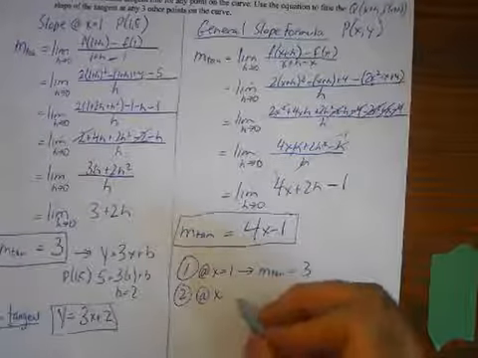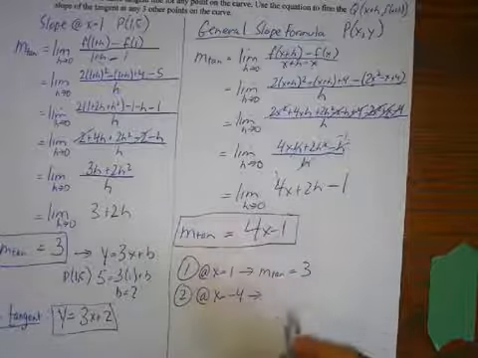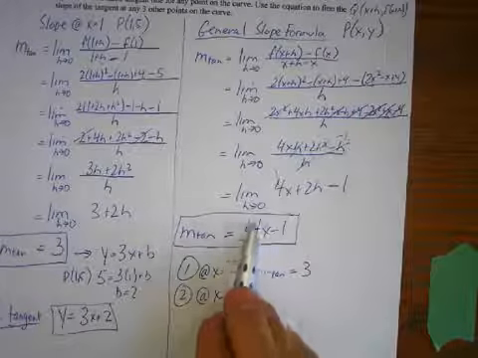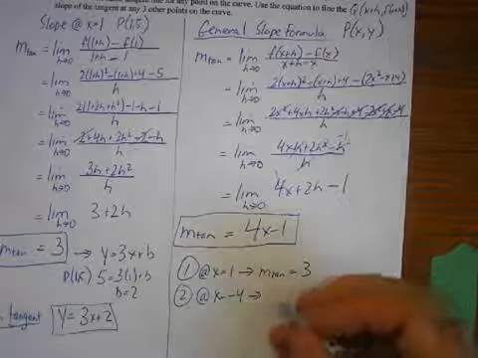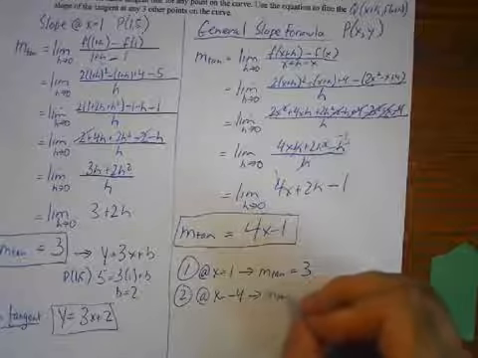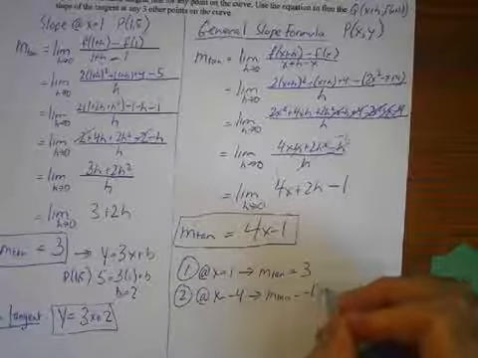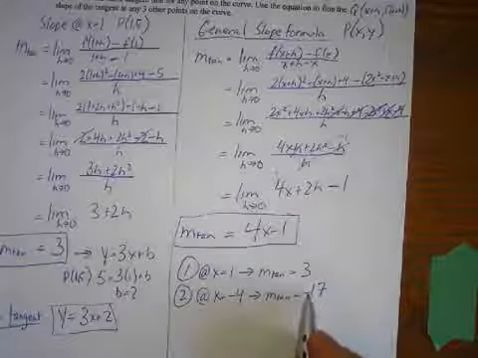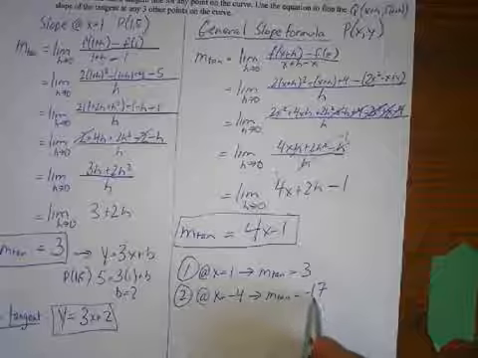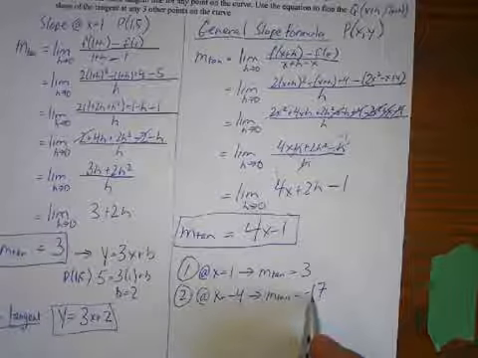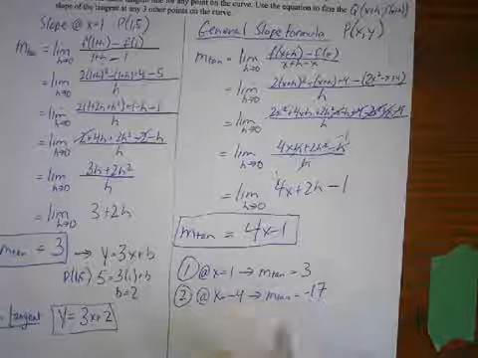I plug negative 4 in here, I get negative 16 minus 1. I get the slope of that tangent is negative 17. That means the tangent is going down to the right, which makes sense because it's on the left side of probably the vertex.